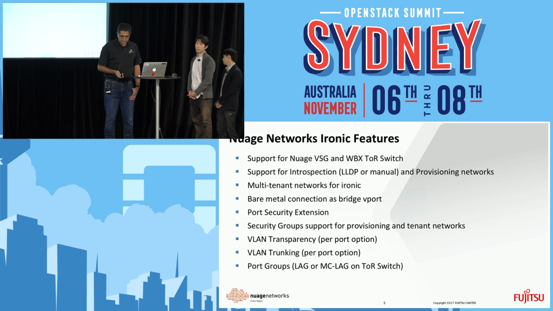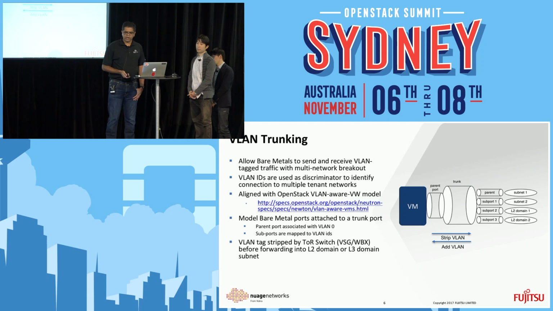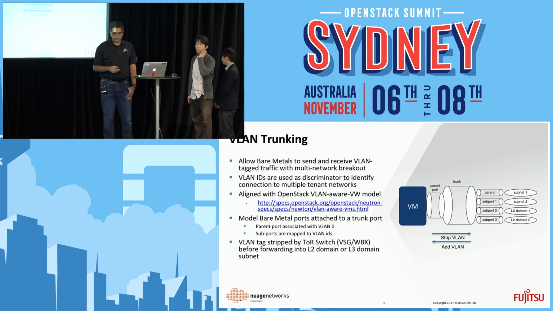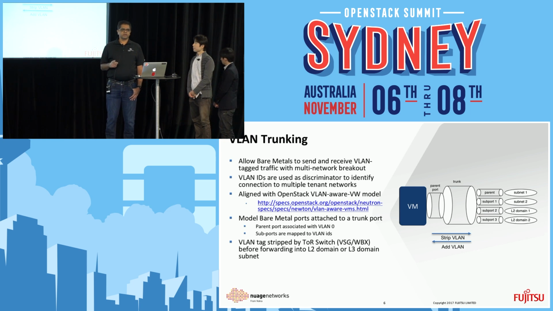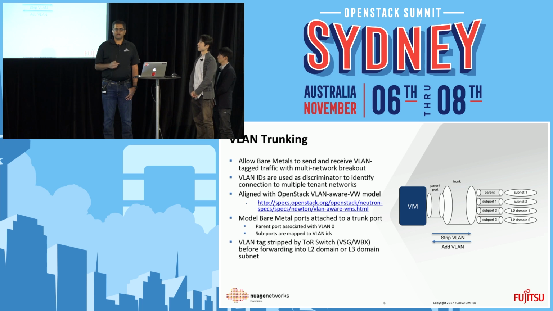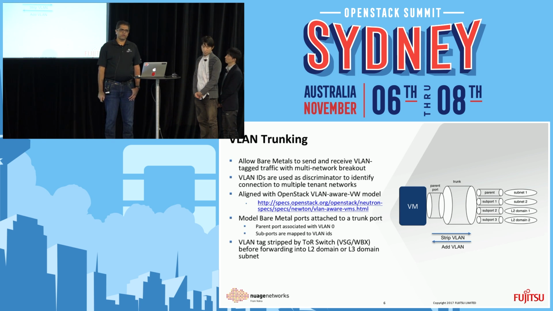So just a little bit of details about the VLAN trunking feature. If you are aware, I think this was introduced about one or two release cycles ago through a VLAN aware VM blueprint. So there is a concept of trunk port and sub port. So you can create multiple VLANs on a given Neutron port, which is a trunk port, and then each of the sub ports has a different segmentation ID, and they can belong to different Neutron tenant networks.